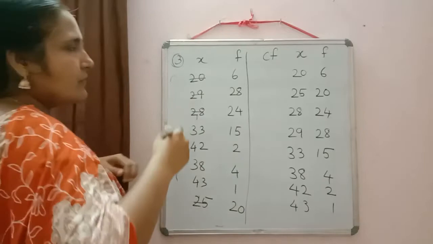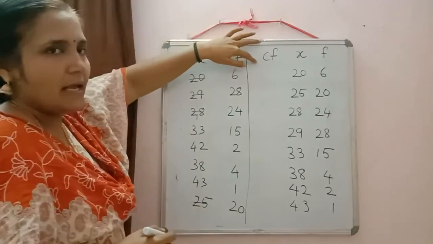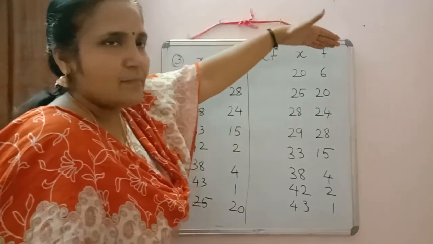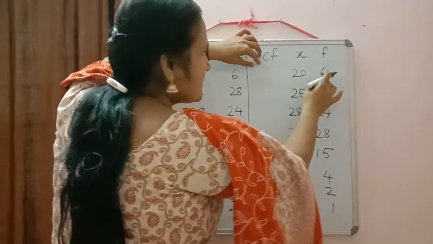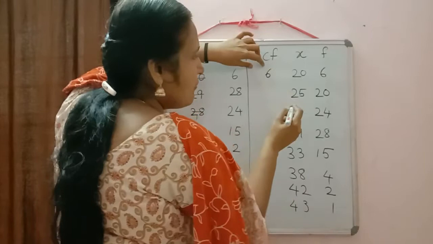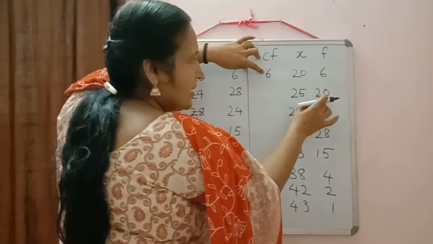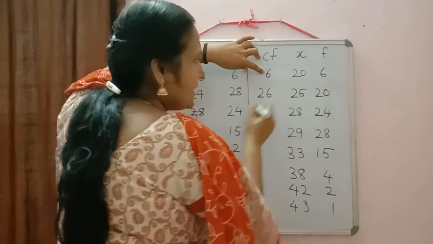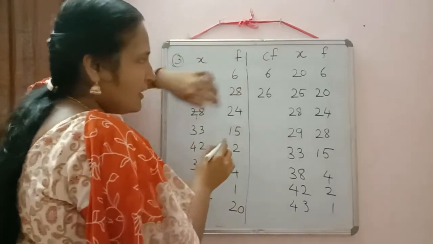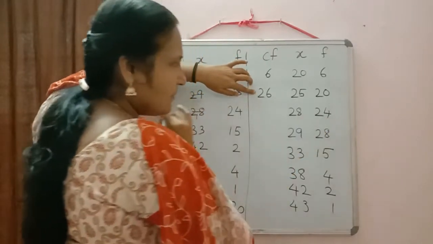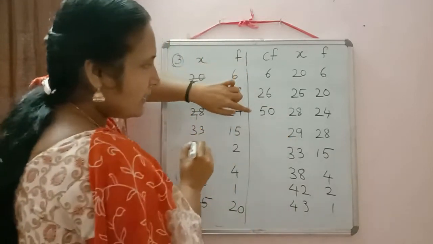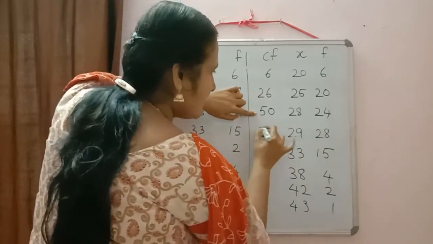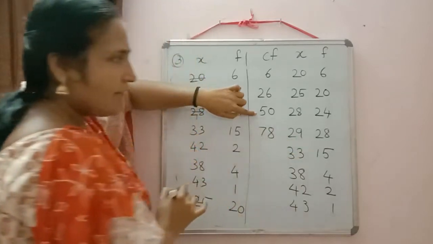So again, what we have to do is find the cumulative frequency. That side space is not there, so I am writing the cumulative frequency here. First is 6. Next, how will we get it? 6 plus 20 is equal to 26. Then 26 plus 24 is equal to 50. Then 50 plus 28 is 78.